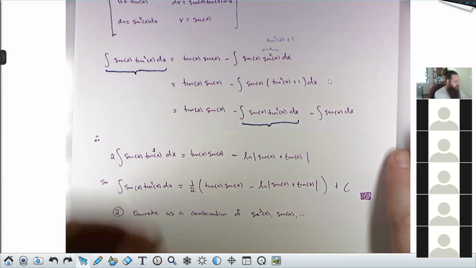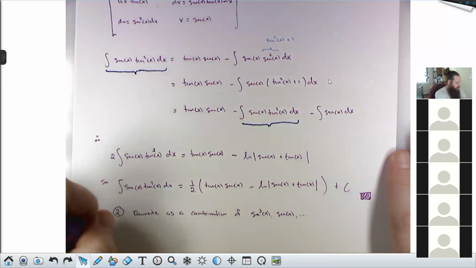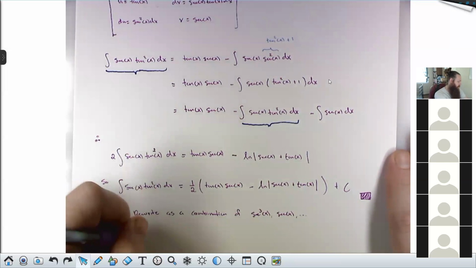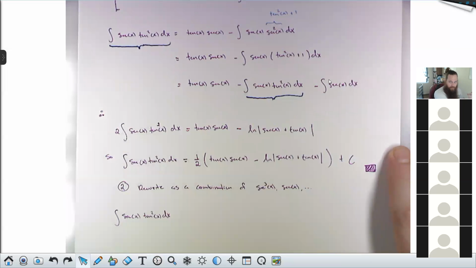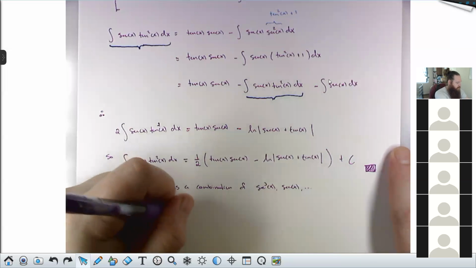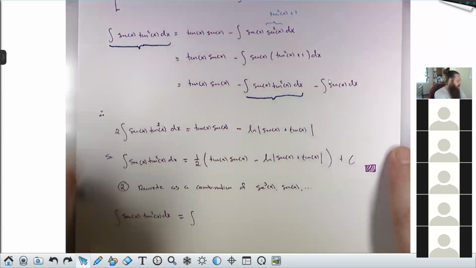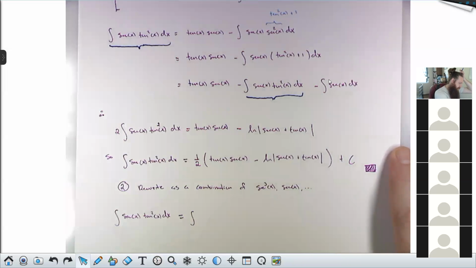The other way we could handle this is by jumping in here and saying, okay, secant x times tangent squared x. Since I've done the integral of secant cubed, in theory, I know the integral of secant cubed, I could try to rewrite this in terms of the secant cubed integral. So tan squared is secant squared minus 1.